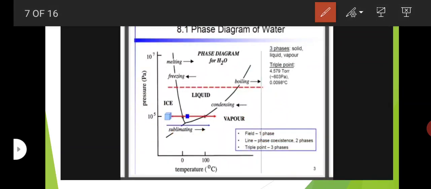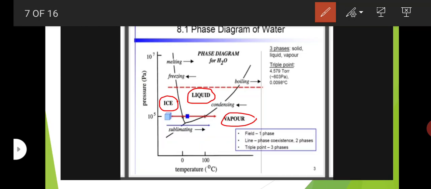Okay, this is the overall phase diagram of water. Here we are taking pressure and temperature. This is the ice, this is liquid water, and this is vapor.